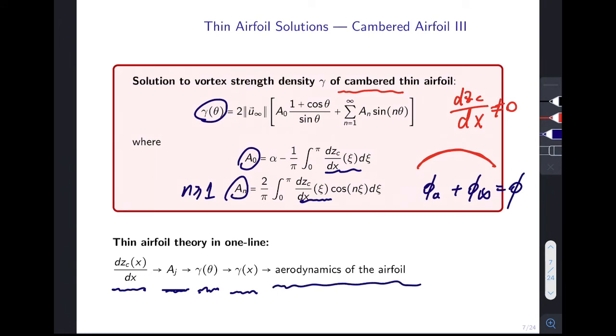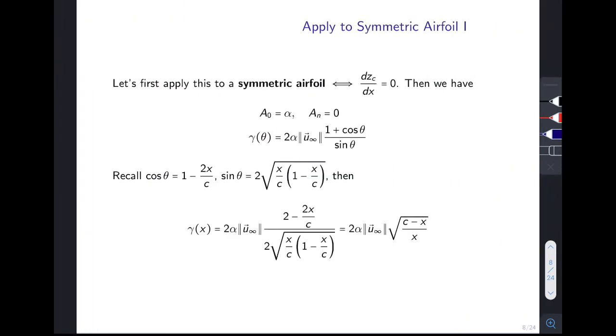Once you figure out gamma x, you can figure out the aerodynamics of the airfoil. The reason is that if gamma x is known, we know the vorticity distribution along the thin airfoil. By using the Kutta-Joukowski theorem, we can compute the lift, and we can do many other things as well.